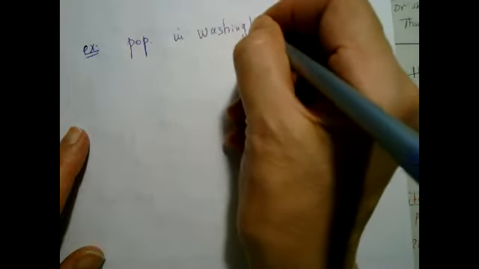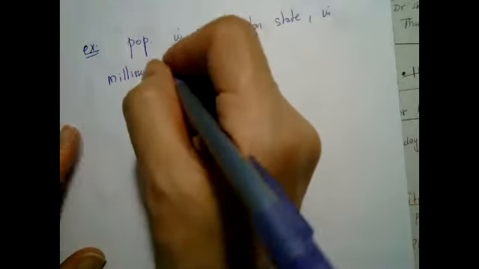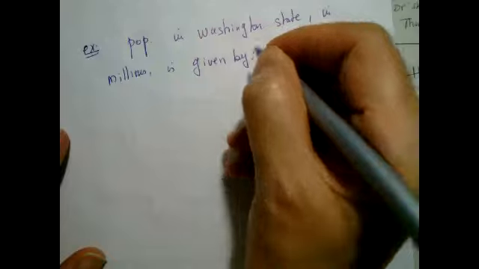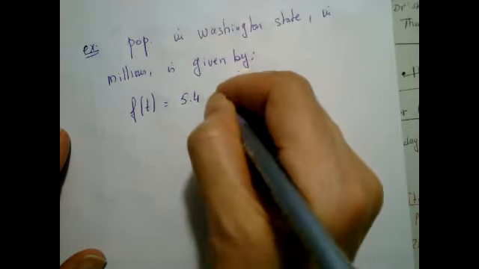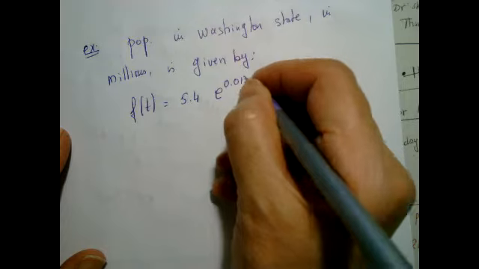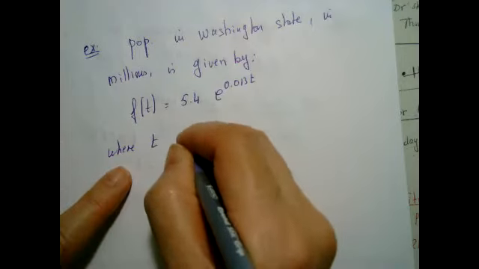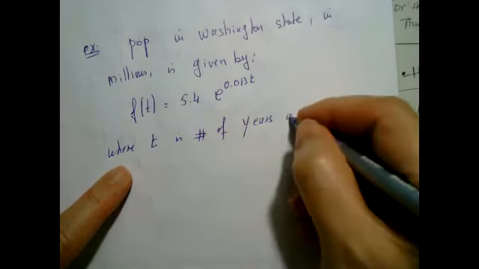The population in Washington State, in millions, is given by f of t equals 5.4, remember, this is in millions, e to the power 0.013t, where t is the number of years after 1995.